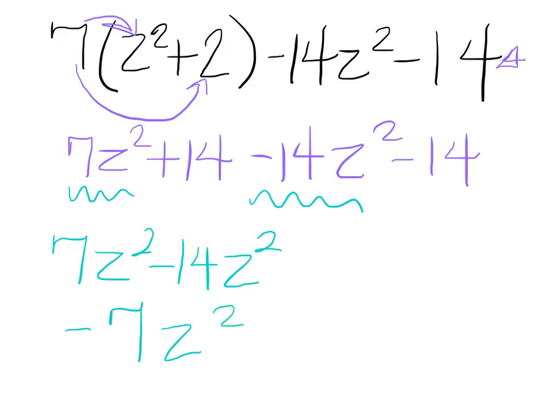And then we're going to have plus 14 minus 14. Now what's positive 14 minus 14? That's going to give you a 0. So our final answer is going to be negative 7z squared.